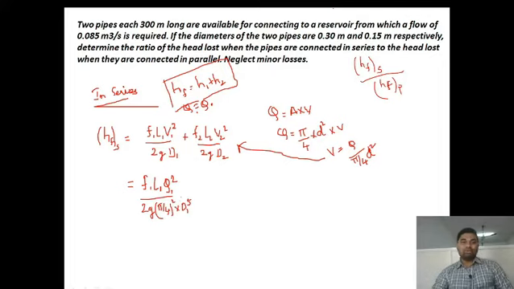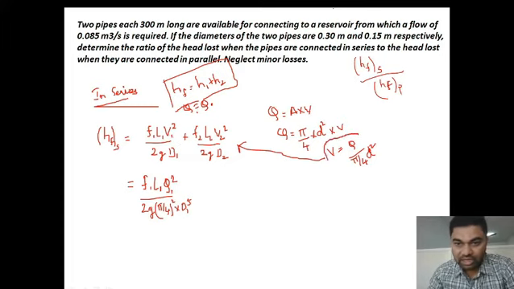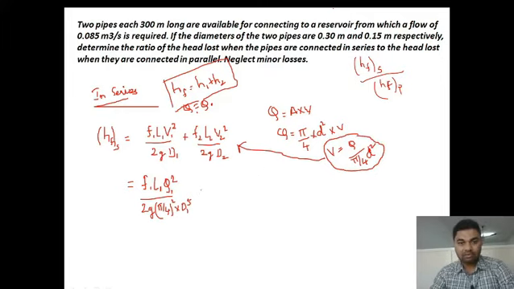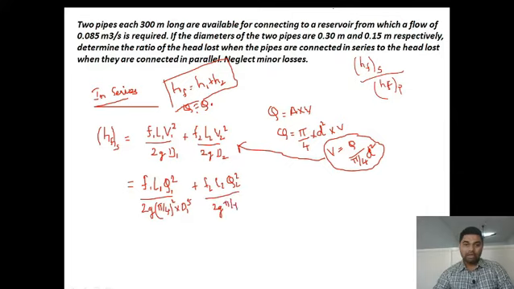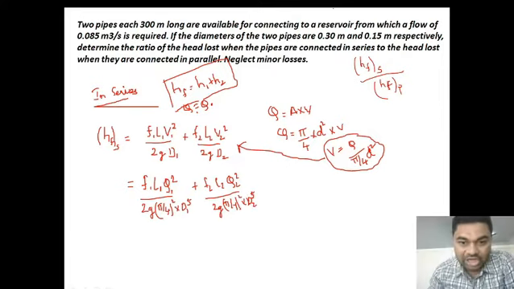If we substitute this formula of V in terms of Q, our formula will transform into this, plus F2 L2 Q2 square by 2G pi by 4 whole square into D2 to the power of 5.